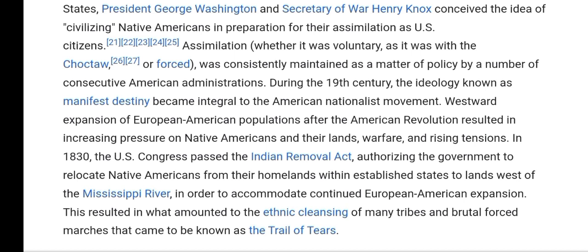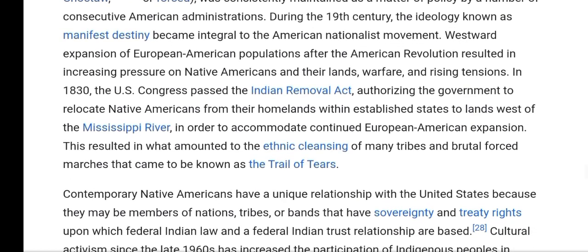In 1830, the US Congress passed the Indian Removal Act, authorizing the government to relocate Native Americans from their homelands within established states to land west of the Mississippi River.